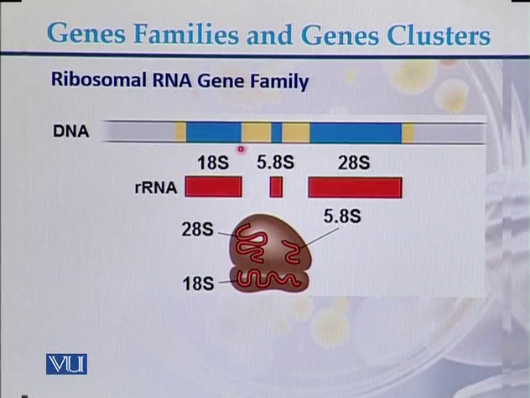Here we can see gene 1 that encodes 18S, a second gene that encodes 5.8S, and a third gene that encodes 28S. So there are three genes in the form of a cluster, and they encode different ribosomal RNAs that eventually form the ribosomes. So the ribosomal RNA gene family is in the form of clusters.